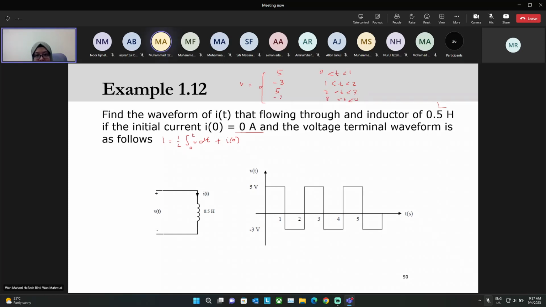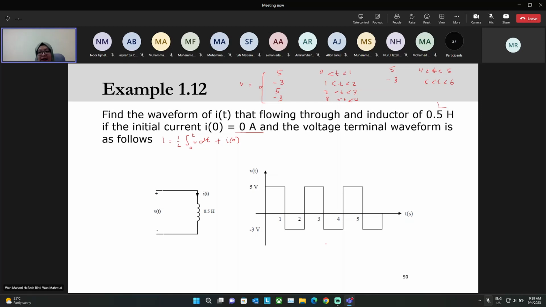Negatif 3. Sambung sini 4 ke 5. 5. 5 ke 6. Walaupun dia tak tulis tapi dalam graf ada. So, negatif 3. Ini sebutan you. 5 negatif 3, 5 negatif 3, 5 negatif 3. Dia berulang.